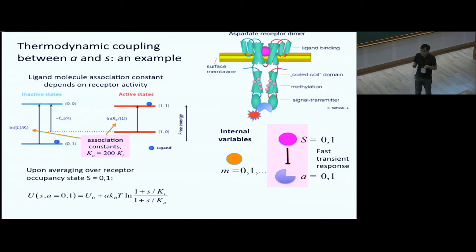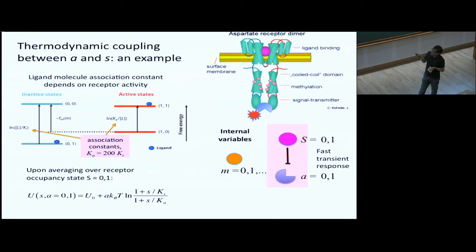And this can be done if you are good at StatMech. Of course, in each case you have to do some calculation. I'm not going to have time to go through the details, but this is something that can be done. For example, if the way the cell interacts with some chemical in the environment is through the concentration of some ligand, you can treat the ligand molecule as an ideal gas.